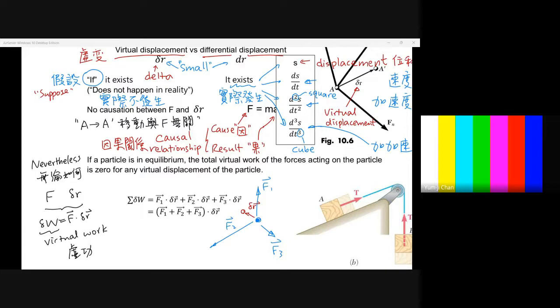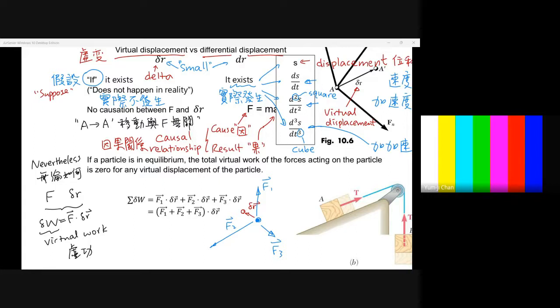If there is a virtual displacement, we can write down the total virtual work.